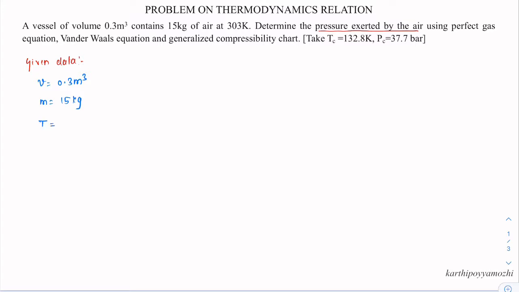Temperature T is equal to 303 Kelvin and critical temperature is equal to 132.8 Kelvin and critical pressure is given as 37.7 bar, which is equal to 37.7 into 10 to the power of 5 Newton per meter square. Therefore, the critical pressure can be written as 3770 kilonewton per meter square.